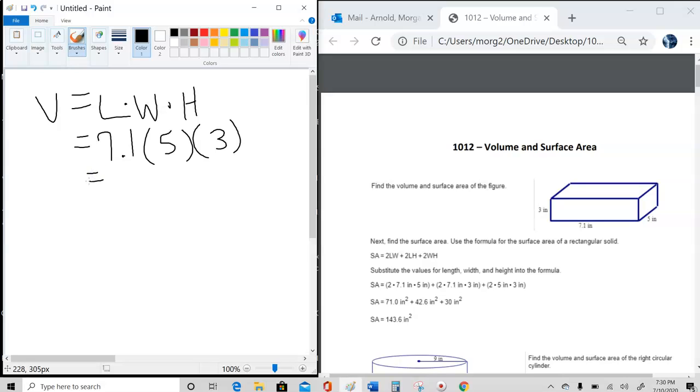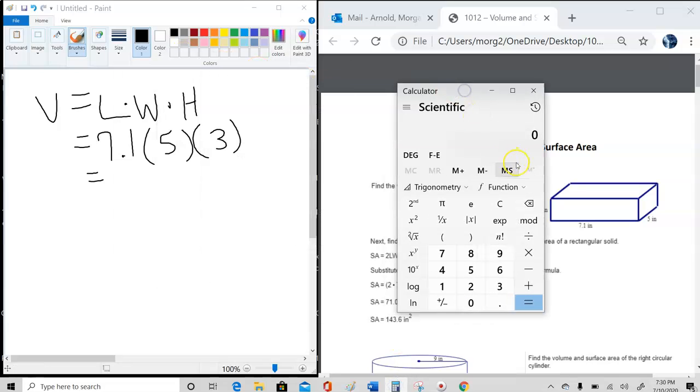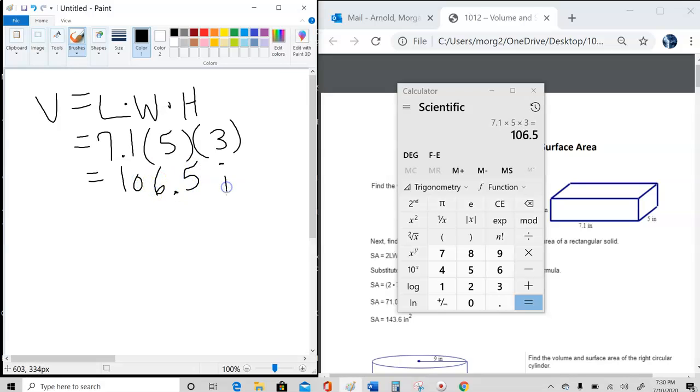So you just plug each number into your calculator, and that will give you the volume. So 7.1 times 5 times 3, 106.5 cubic inches.